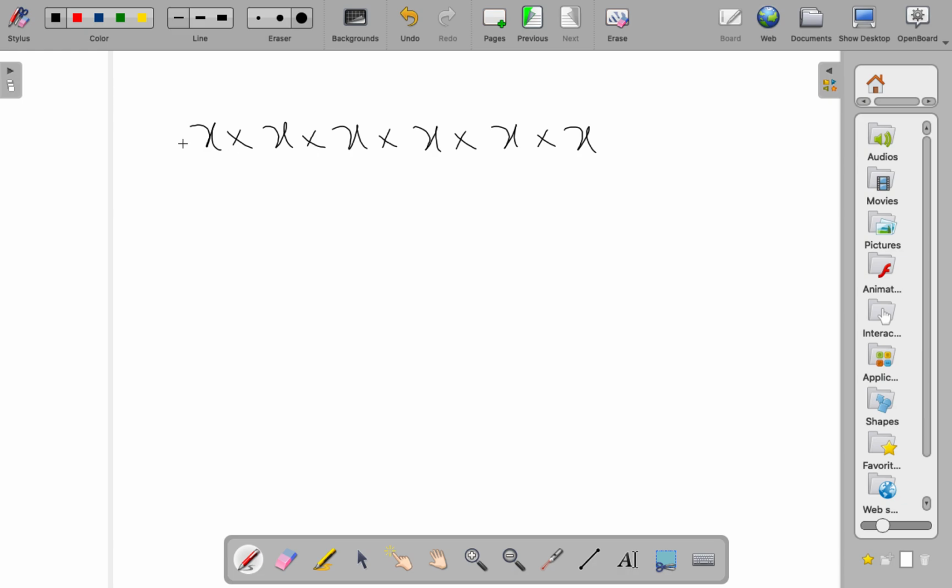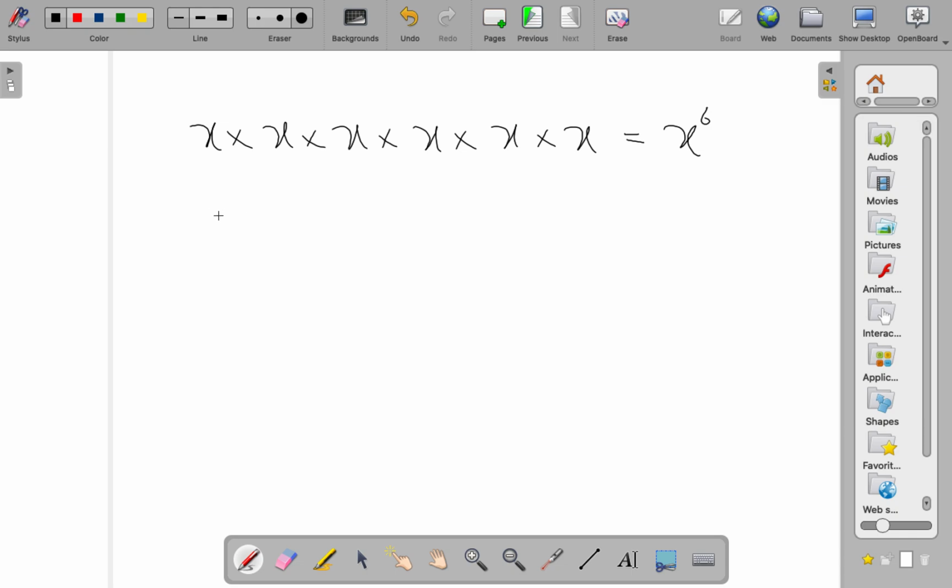If I want to write this out, it takes a long time. It's really annoying to write it out. So we can say that is just x to the power of 6. All this 6 means is that we've multiplied x by itself 6 times.